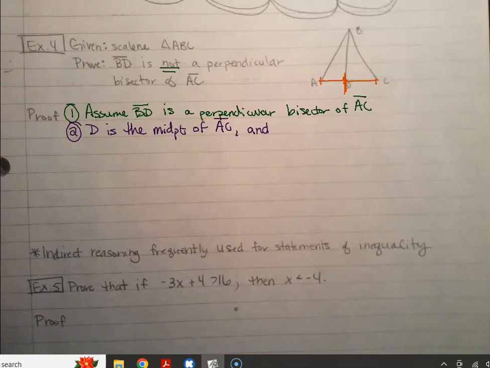They'd have to be congruent, or equal. So we could say segment AD is congruent to segment CD.